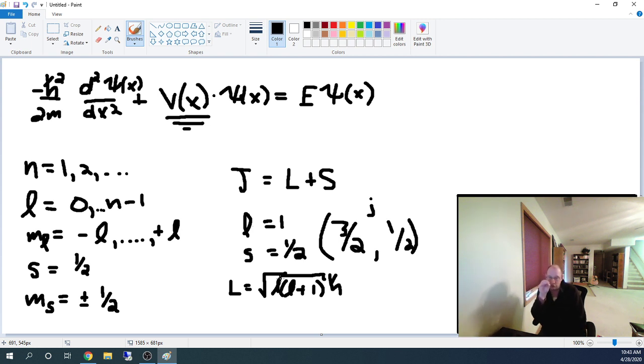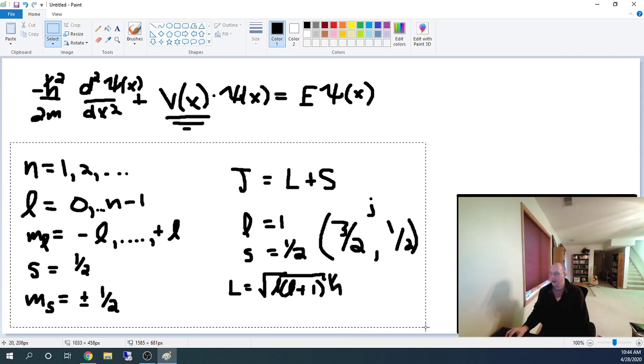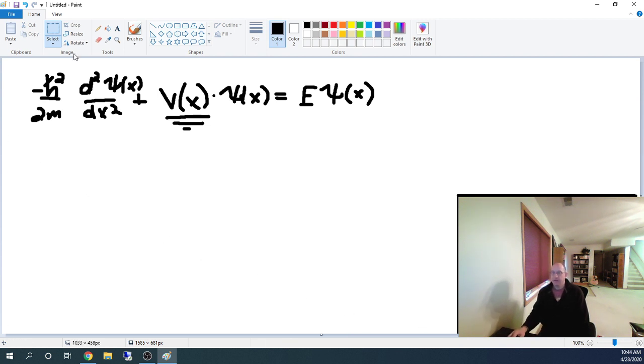Just do each part separately, so just do it in stages. For instance, let's say I have 2 particles, 2 electrons. I've got particle 1 and particle 2.